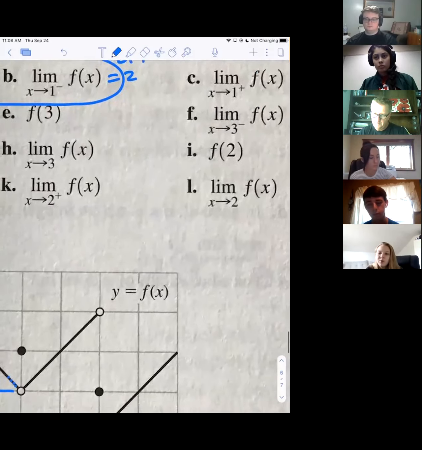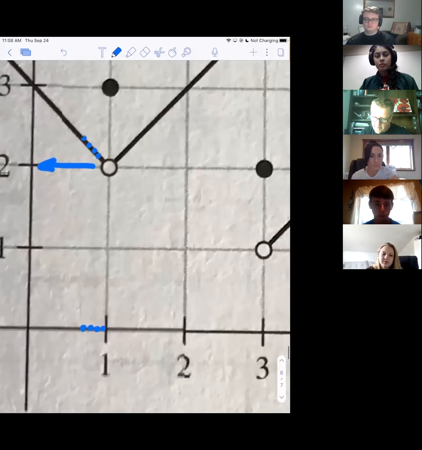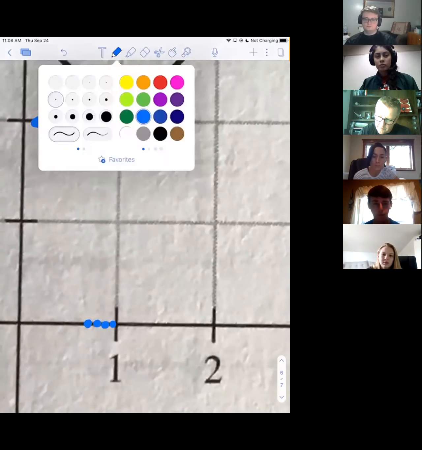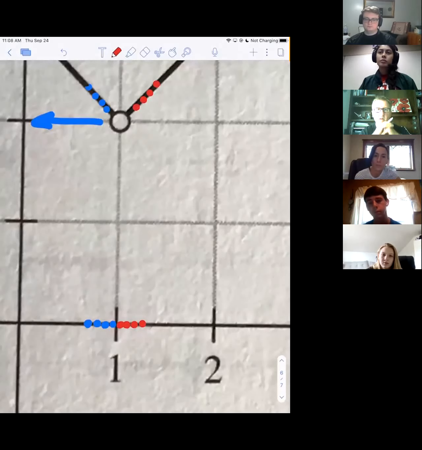So would this be 1.001? Yeah, 1.001. So down here, this time I'll change colors just because I can. This time I'm getting close to 1 by choosing stuff on the high side of 1, which puts me over here on the graph, right? But notice I'm still going to the same place. I'm still going to 2. You see that? Both places I'm getting close to 2.